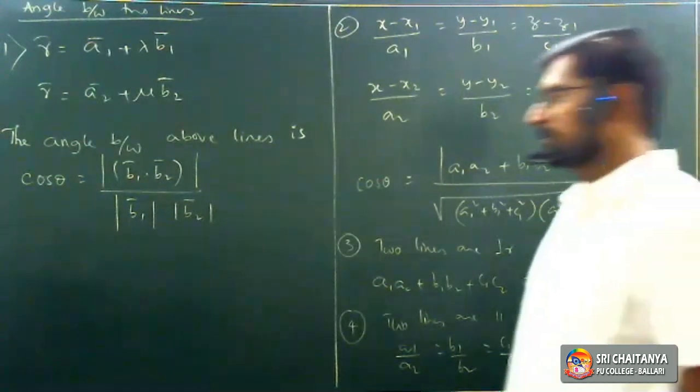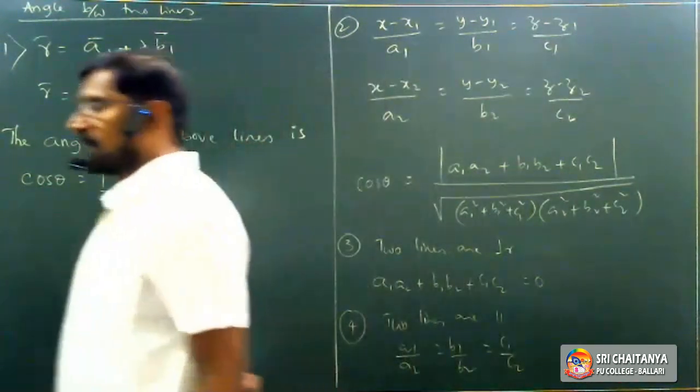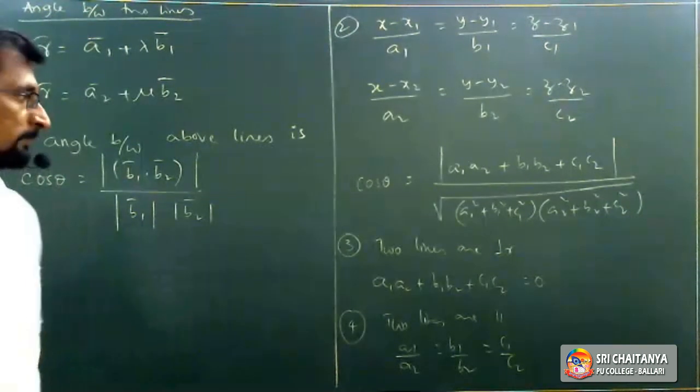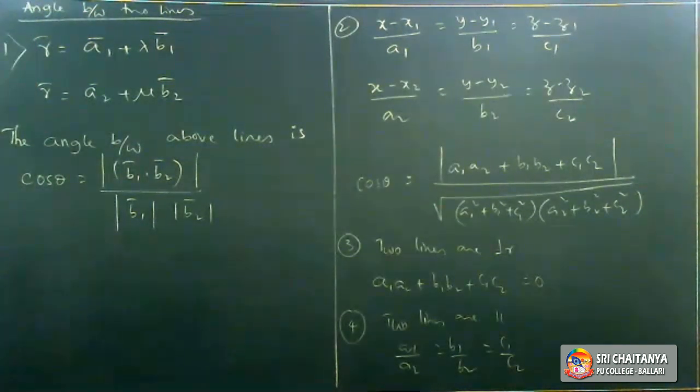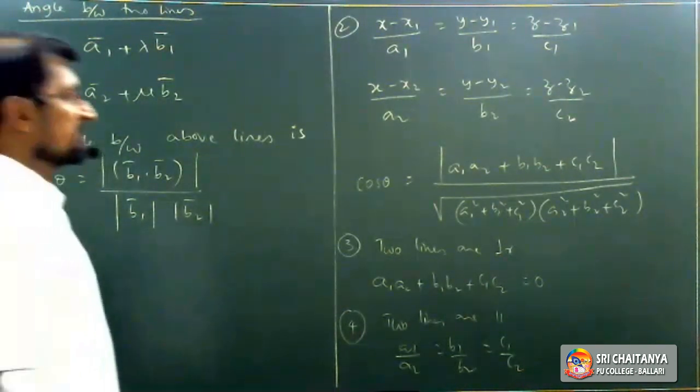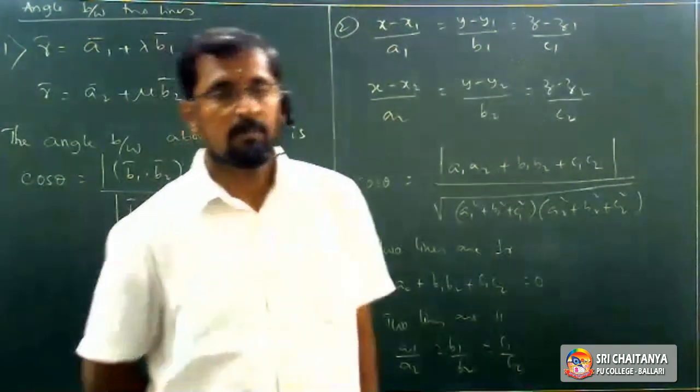Next, third one. If two lines are perpendicular, then a1 a2 plus b1 b2 plus c1 c2 is equal to 0.